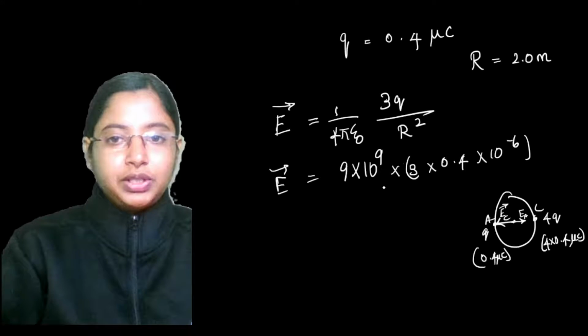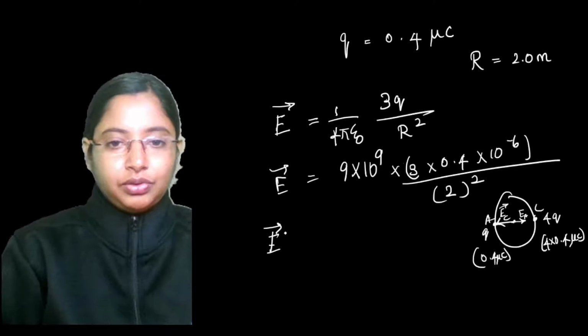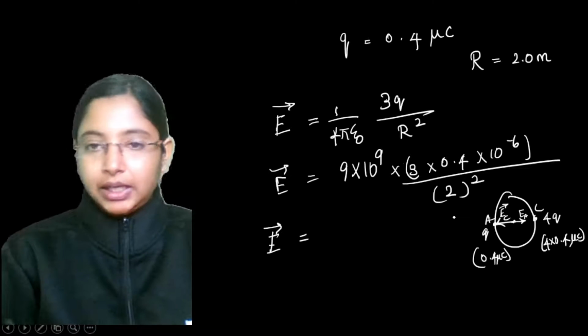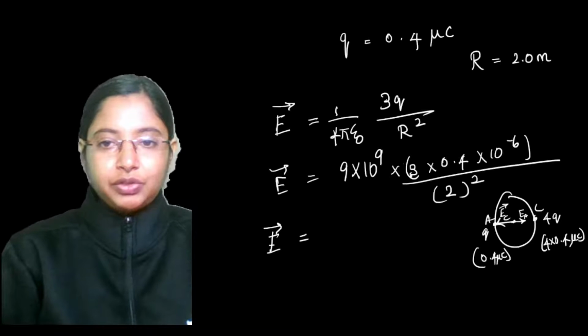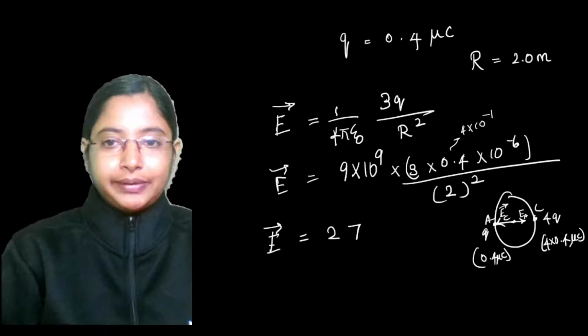The whole of this is divided by r square, r is 2 meters, so this is 2 square. So if you solve for this, 0.4 and 4, you can cancel this, and you will have 9 times 3, which is 27, and this 4 I can write as 4 into 10 to the power of minus 1.